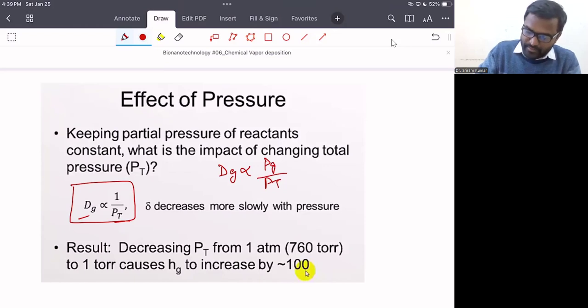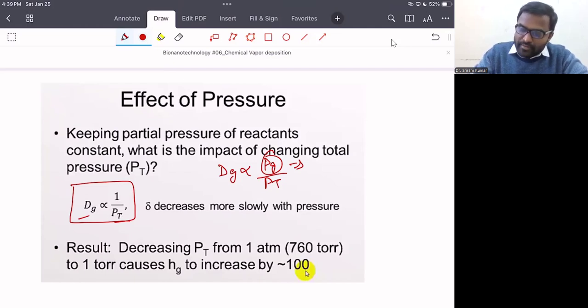We should not change the concentration of Pg here, because if we increase the concentration of Pg, we will get a homogeneous kind of reaction, and that is undesirable. To get heterogeneous reactions, we need to keep the Pg pressure constant and very low.